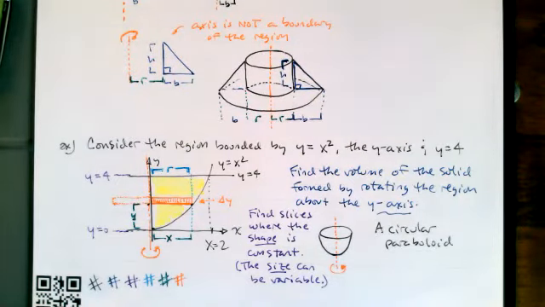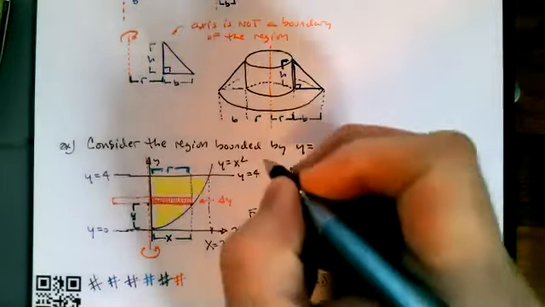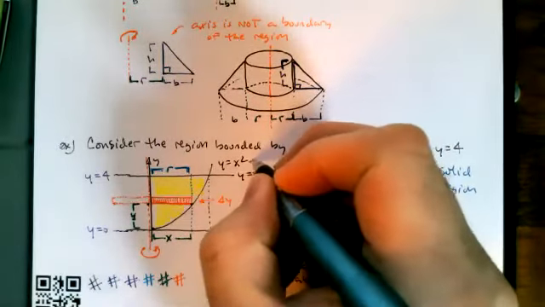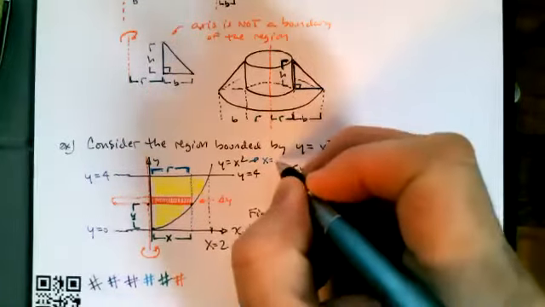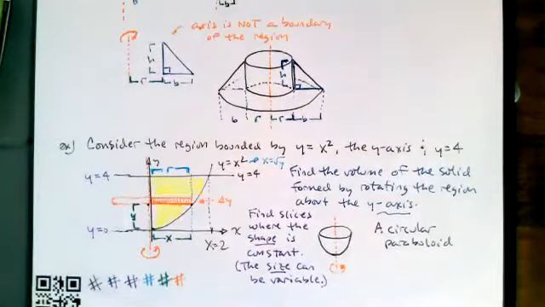And so now I can write the radius in terms of y. So r is equal to x, and x is equal to the square root of y.